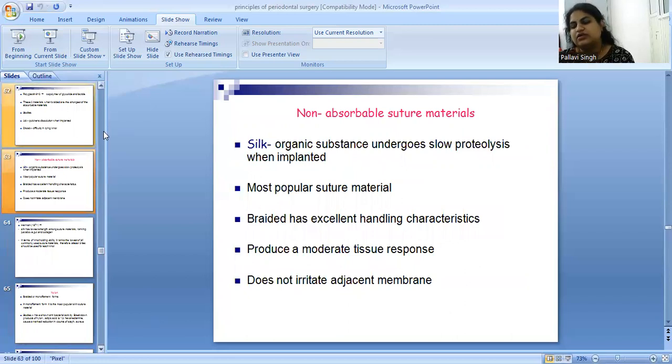Now, after we have discussed the absorbable suture materials, we are going to discuss the non-absorbable suture materials. Silk is an organic substance that undergoes slow proteolysis when implanted.